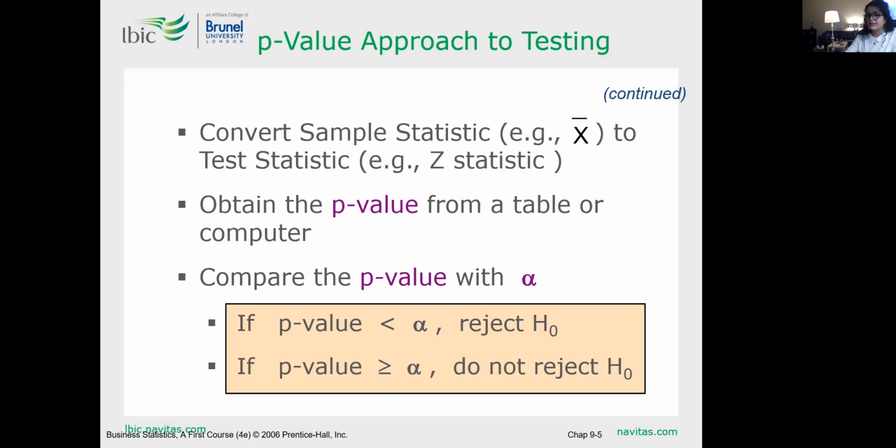Every statistical computer package yields this probability, or p-value. The p-value defines the smallest value of alpha, as we mentioned earlier. If the p-value is less than alpha, then we reject the null hypothesis. If the p-value is greater than or equal to alpha, then we do not reject the null hypothesis.